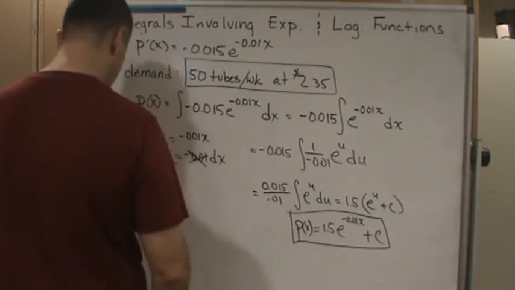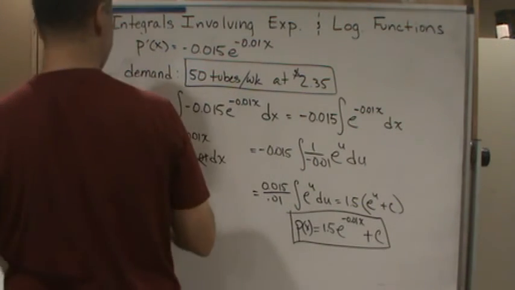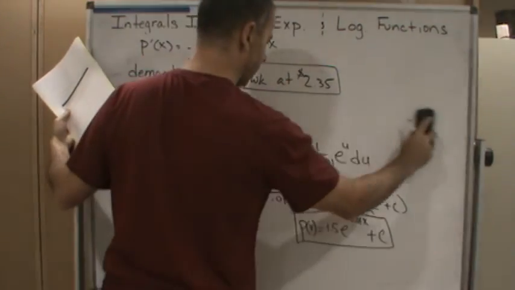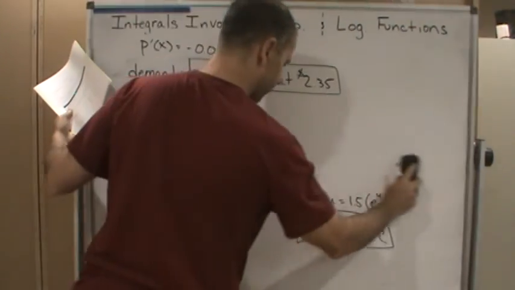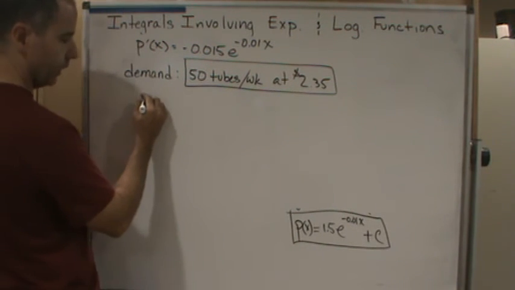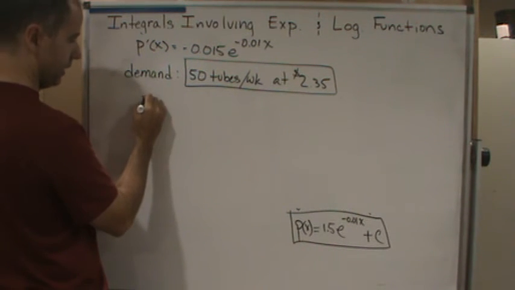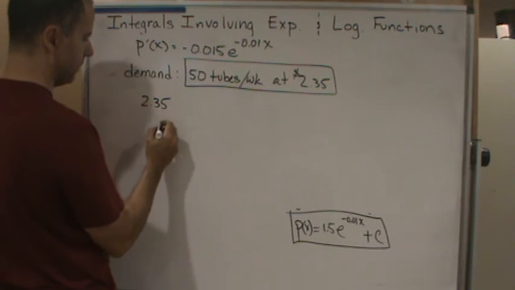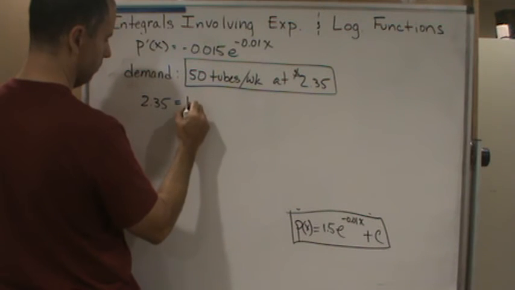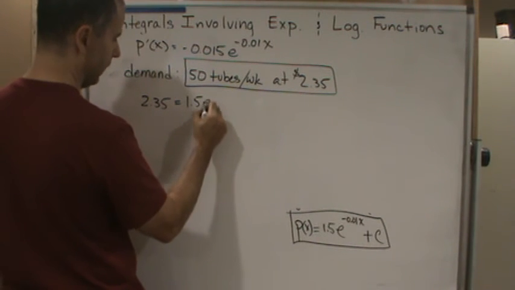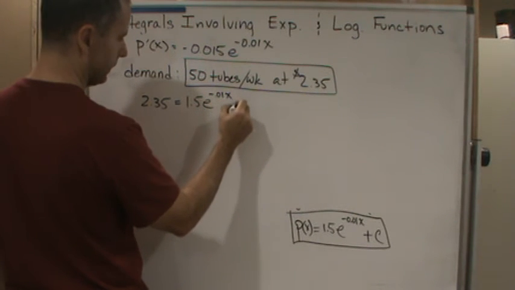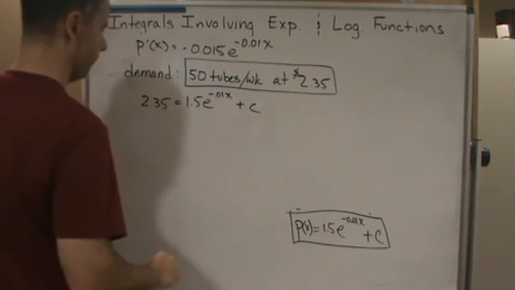Let me erase this part. Now we know the price is $2.35 when x is 50. So 1.5 e to the negative 0.01 x plus c.